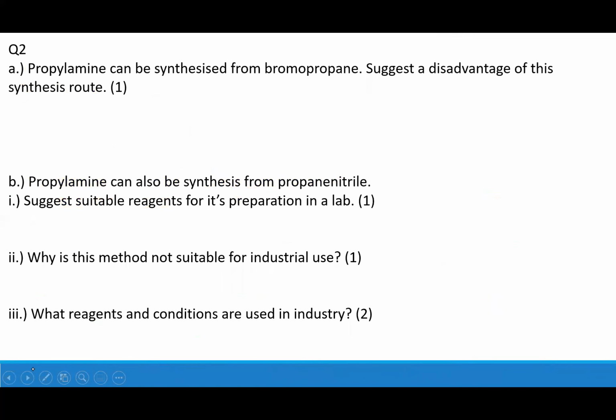The second question, propylamine can be synthesized from bromopropane. Suggest a disadvantage of this synthesis route.